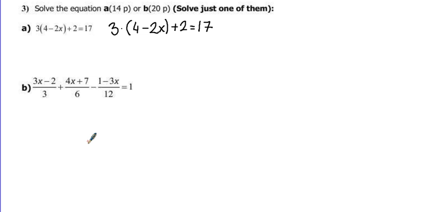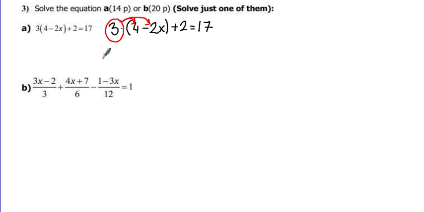So what are we doing, guys? If we have a number in front of parentheses, it means we multiply this number by every term inside of the parentheses.